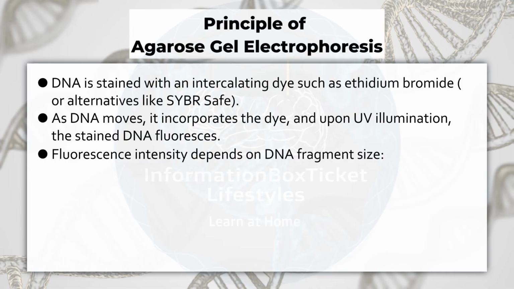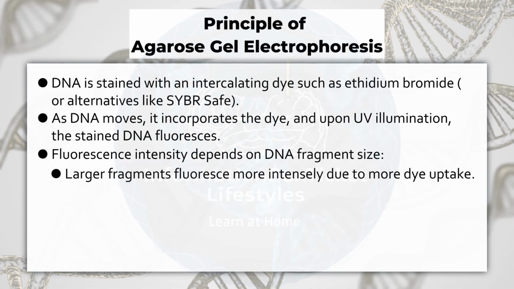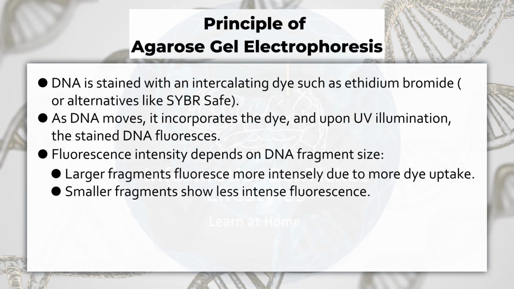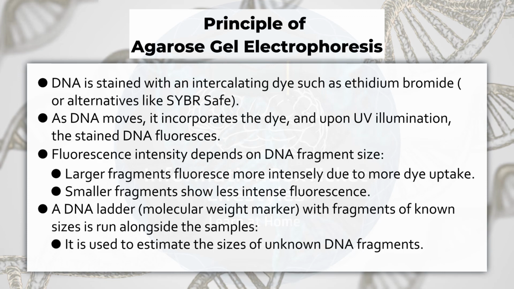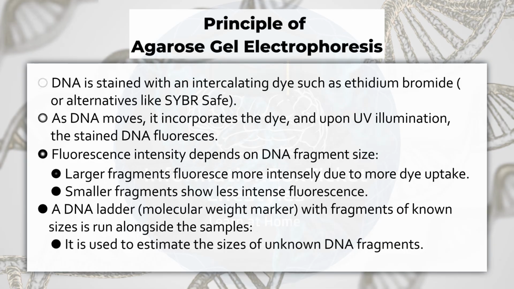Fluorescence intensity depends on DNA fragment size. Larger fragments fluoresce more intensely due to more dye uptake. Smaller fragments show less intense fluorescence. A DNA ladder, or molecular weight marker, with fragments of known sizes is run alongside the samples. It is used to estimate the sizes of unknown DNA fragments.